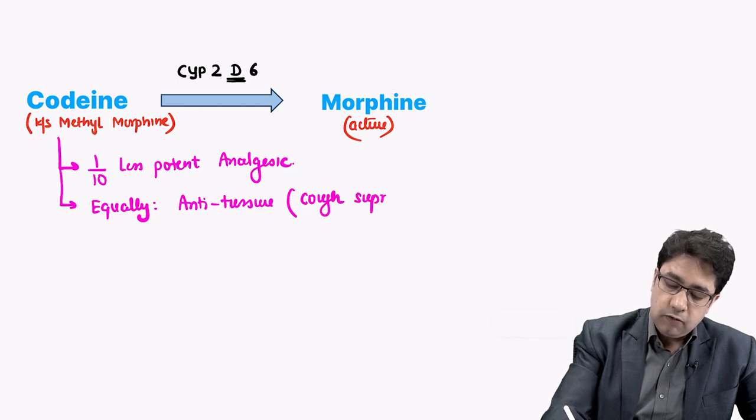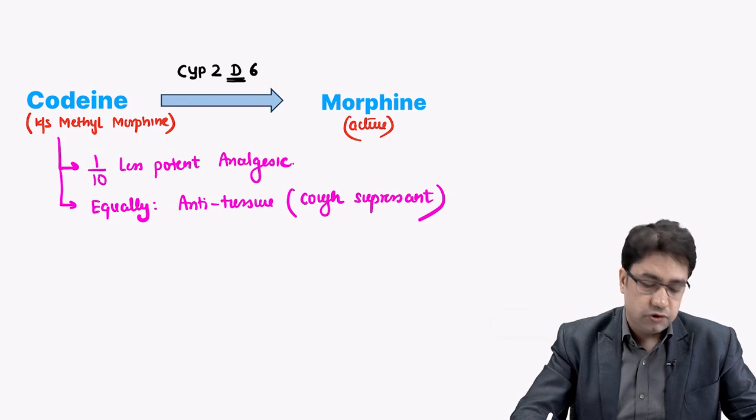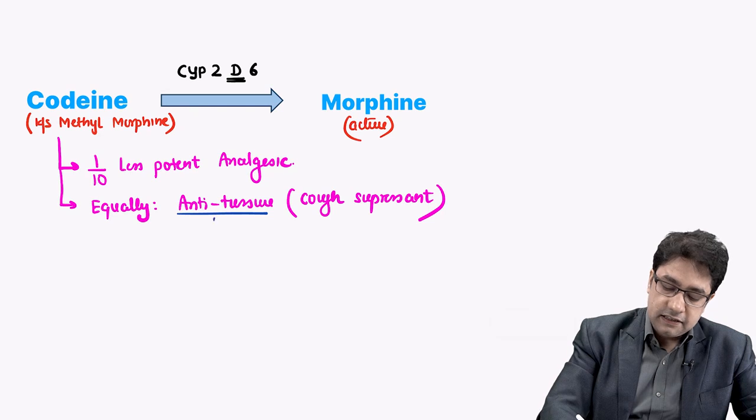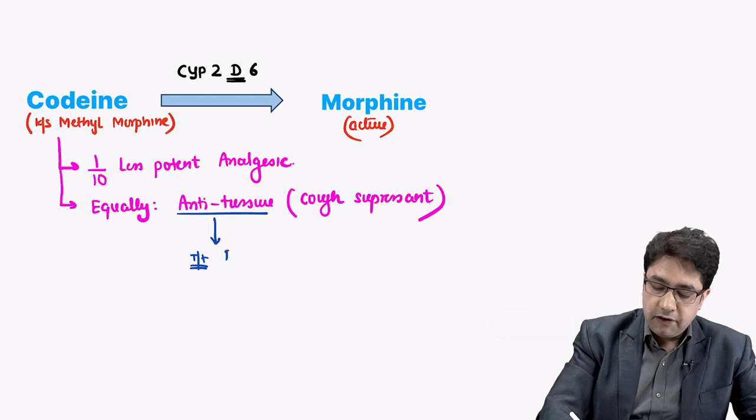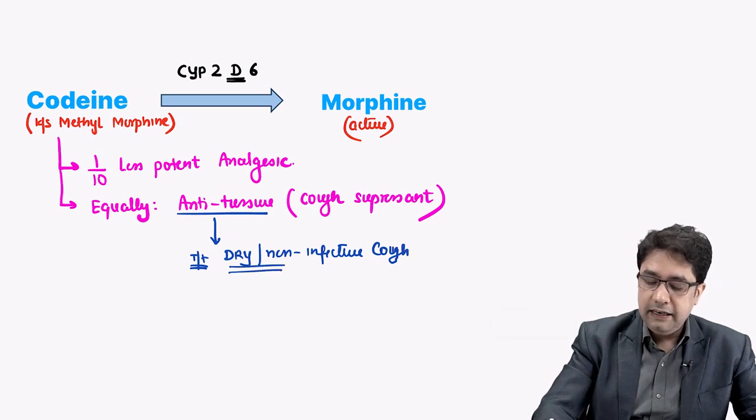So it is an equally effective cough suppressant as compared to morphine. The main use of antitussive drugs like codeine is in the treatment of dry or non-infective cough, which we have discussed in the respiratory system in great detail.